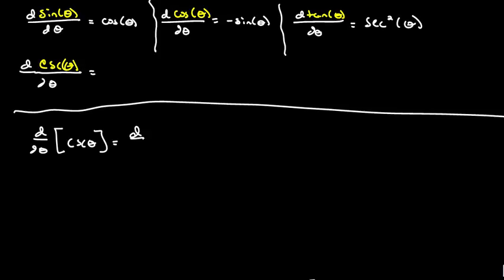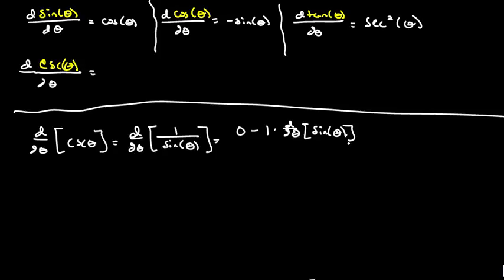That's equal to d d theta of 1 over sine theta. Now let's use our quotient rule. So it's the bottom times the derivative of the top, which is 0, minus the top times the derivative of the bottom, over the bottom squared.